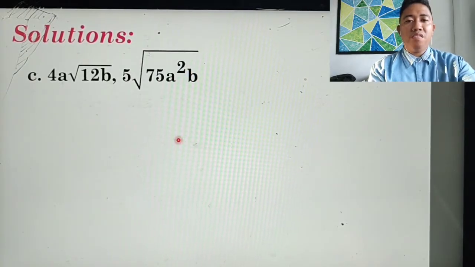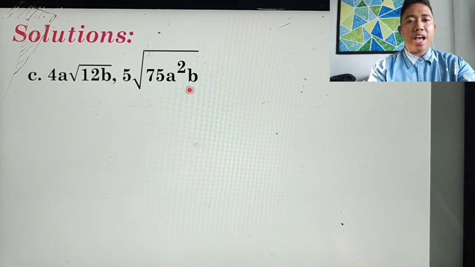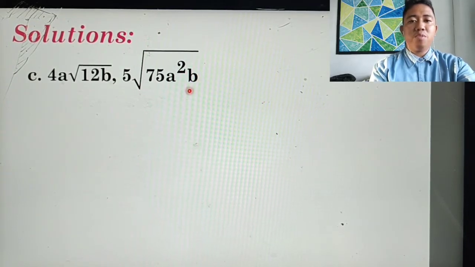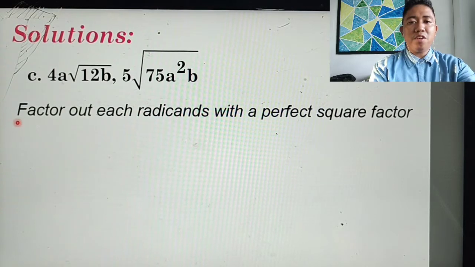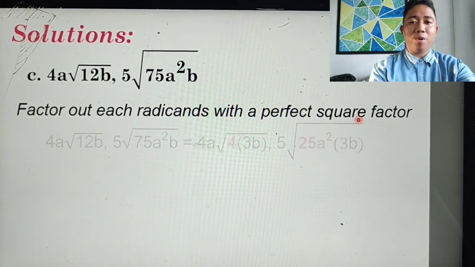How about 4a times the square root of 12b and 5 times the square root of 75a squared b? To simplify each of the radicals to make them similar, here is our solution. The first step is to factor out each radicand with a perfect square factor, the same procedure as in the previous two examples.